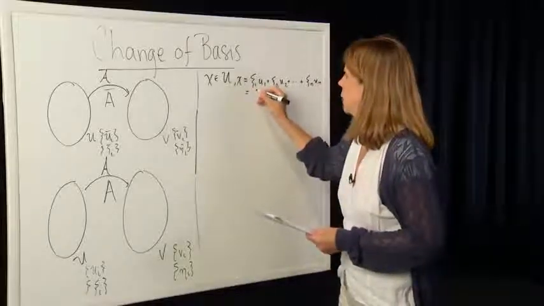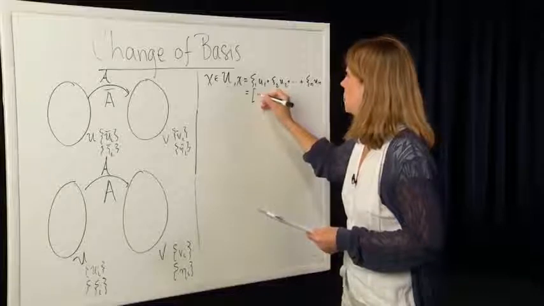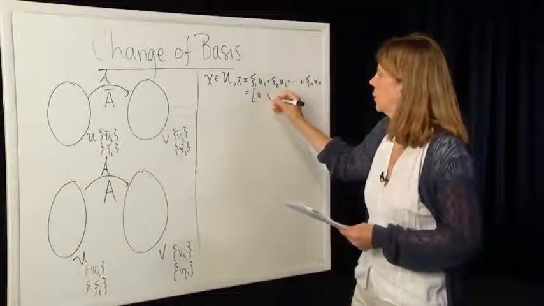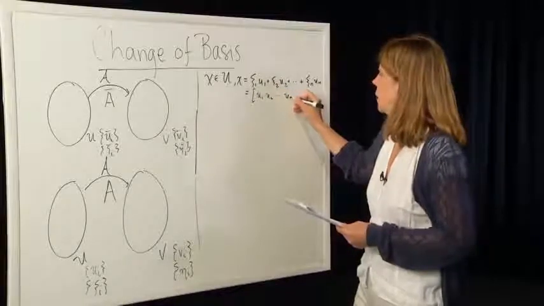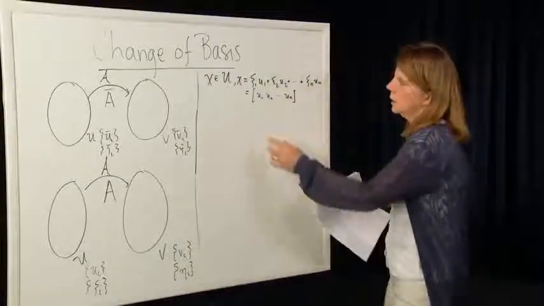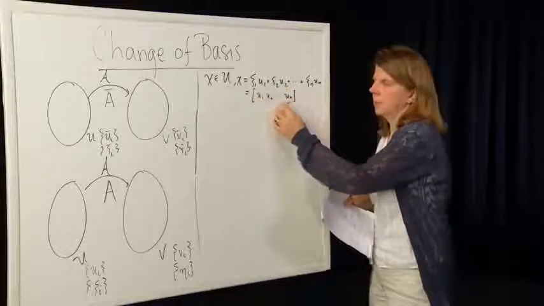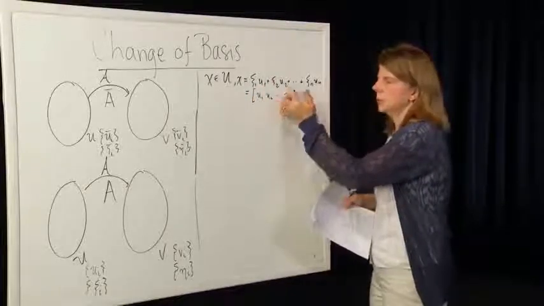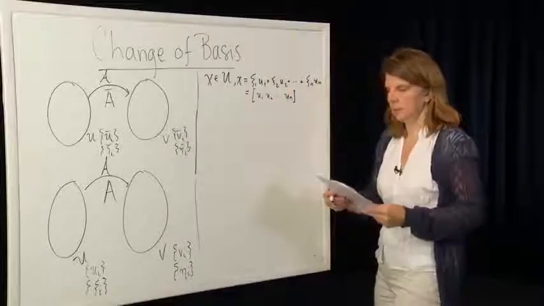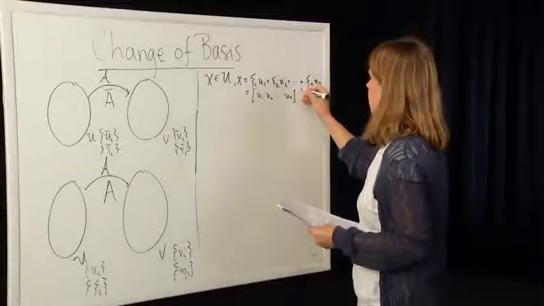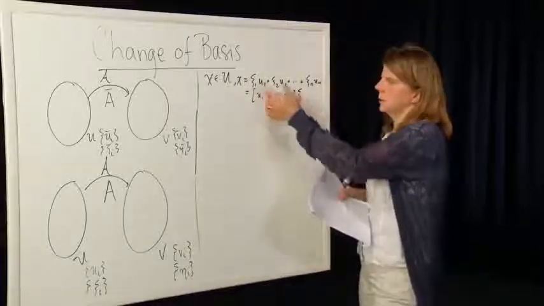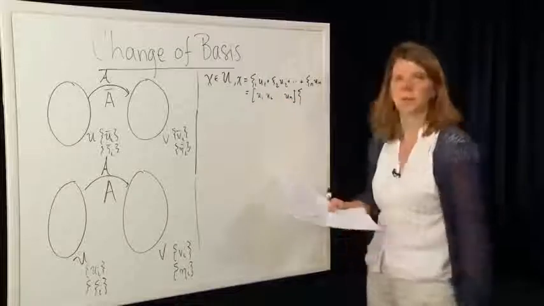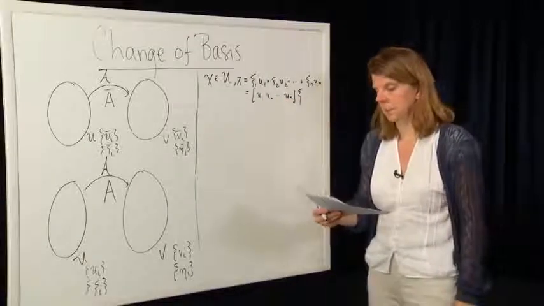And so I'm going to write that in terms of a matrix whose columns are U1, U2, up to Un. Okay, so this is an n by n matrix whose first column is U1, whose second column is U2, and whose nth column is Un. And I'm going to post-multiply that by the vector xi, which is just the n-dimensional vector whose elements are the coordinates, xi1 up to xin.